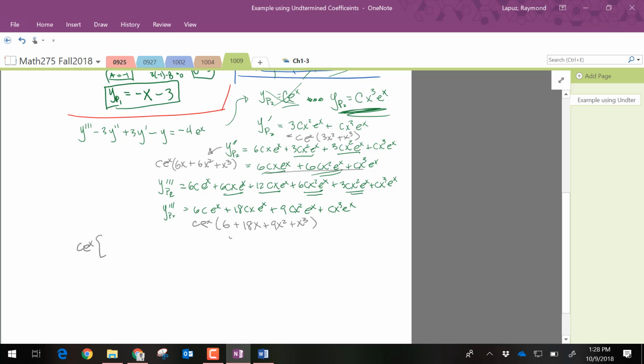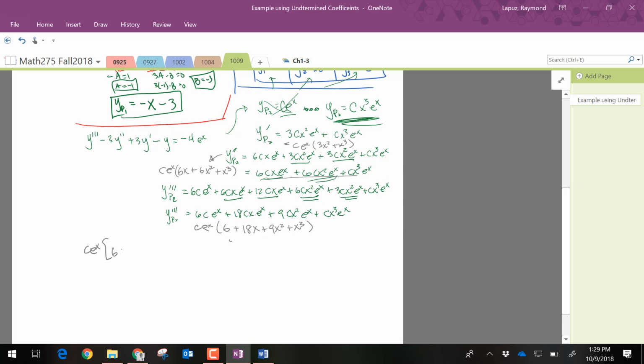All right. So taking the c e to the x out, we just have these things in parentheses times whatever coefficients we're multiplying by. And the first one has a coefficient of 1. So I can just write 6 plus 18x plus 9x squared plus x cubed. Now the y double prime has a -3 on the outside, so I'll put a -3 in there.